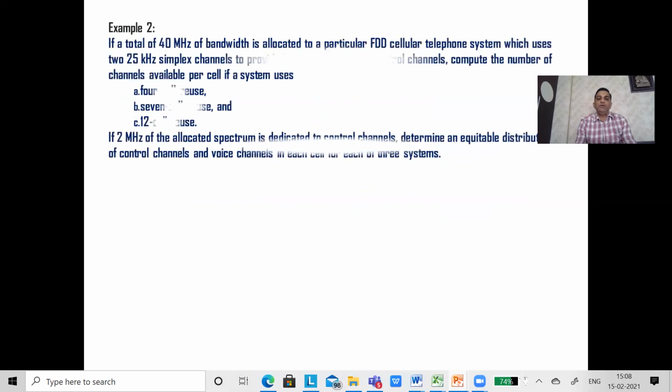In a similar fashion, students can solve example number 2. The statement is, if a total of 40 megahertz of bandwidth is allocated to a particular FDD cellular telephone system which uses 225 kilohertz simplex channels to provide full duplex voice and control channels, compute the number of channels available per cell if a system uses 4 cell reuse, 7 cell reuse, and 12 cell reuse.